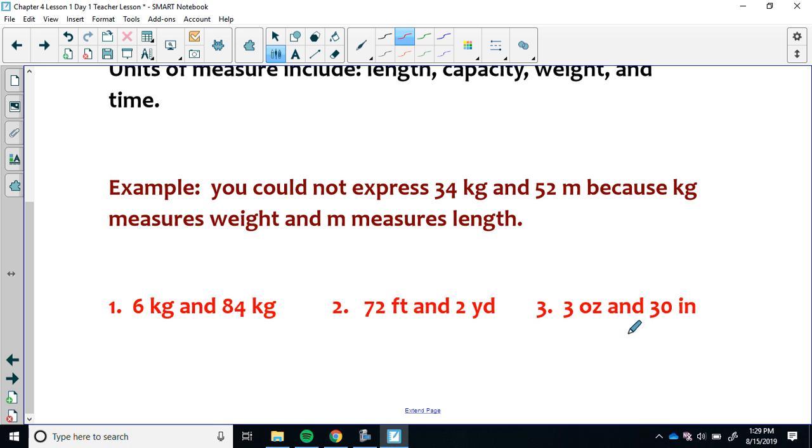This one you could not express as a ratio because one measures weight and one measures length. So this would be a yes, yes, and a no. Here we would have to convert. Here we wouldn't have to convert our measurements. Here we would. We'd have to either change feet to yards or yards to feet. Either way, it wouldn't really matter, but you can still compare them.